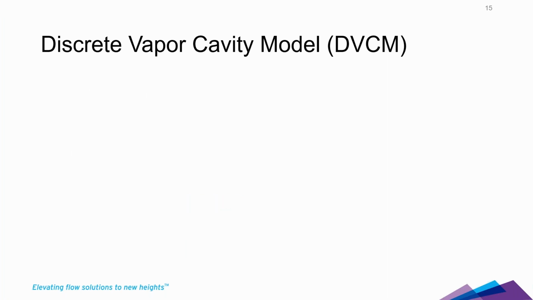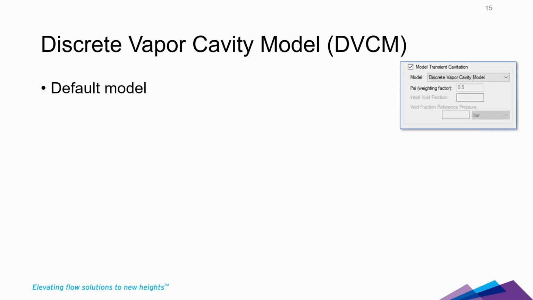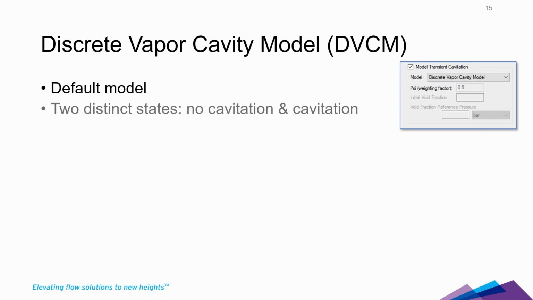All right, now let's talk briefly about the two cavitation models that you can work with in AFT Impulse. There's the discrete vapor cavity model, DVCM, and there's the discrete gas cavity model, DGCM. The discrete vapor cavity model is the default model of cavitation.